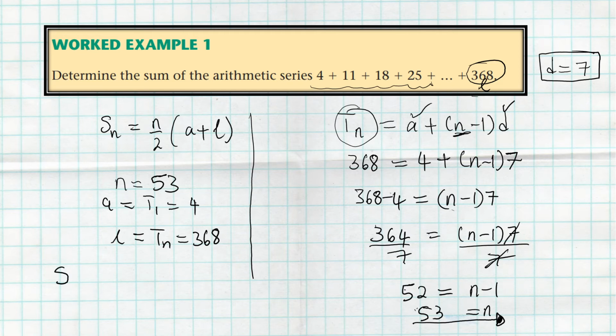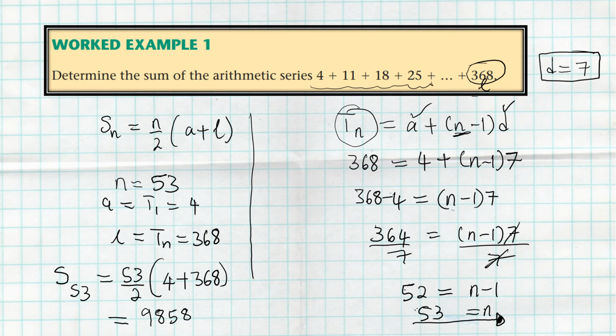It's the sum of 53 terms, so where there is n, I put 53. So it's 53 over 2, times my a, which is 4, plus my last term, 368. I'm just going to punch it into a calculator and see the answer.